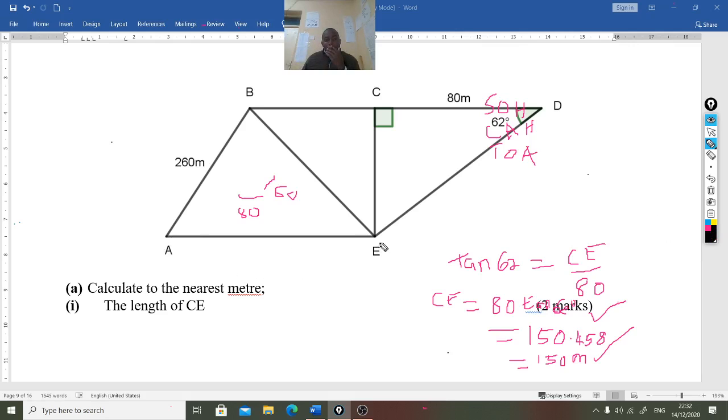First of all, we know this angle is 80 and this angle is 60.